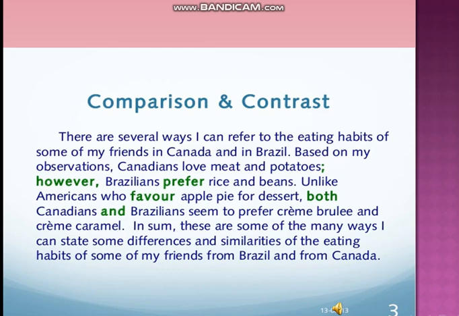In sum, these are some of the many ways I can state some differences and similarities of the eating habits of some of my friends from Brazil and from Canada. Look carefully at the first sentence, and this is our thesis statement. It's short, general, clear, and gives the reader an idea about the topic.